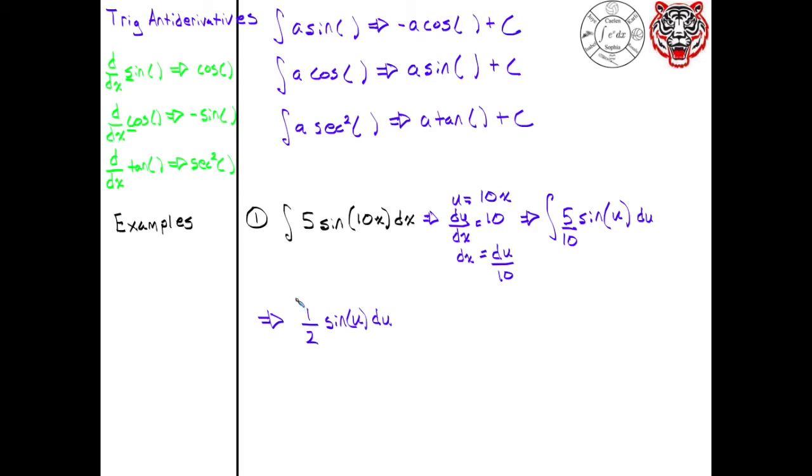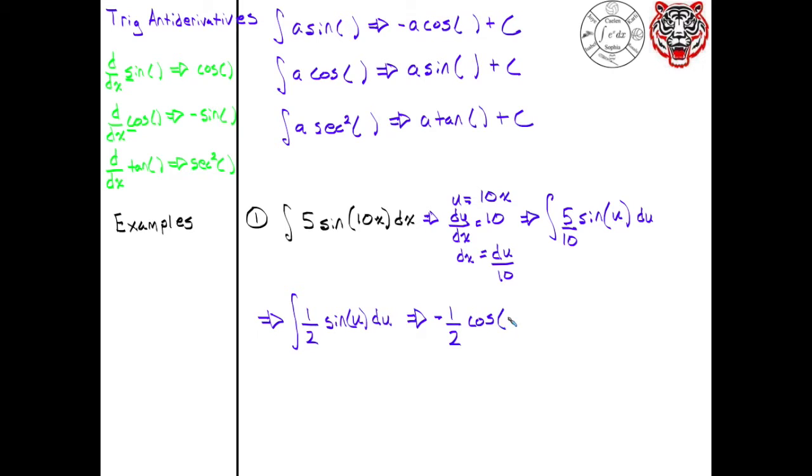I am still taking the integral. Now I take the antiderivative. My a in this case is 1/2, and then I have my sine of my inner. After I take the antiderivative, anti-same is change the sign. That's going to be a negative 1/2, and the sine changes to a cosine.